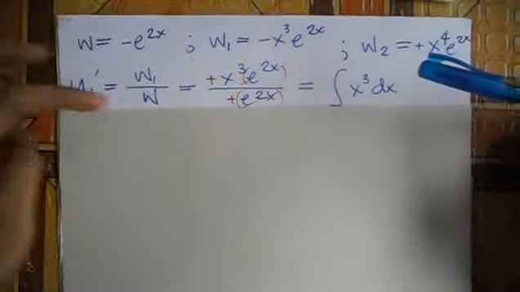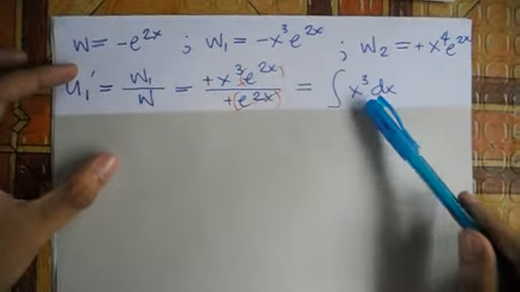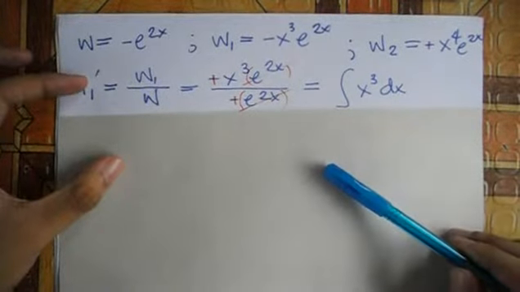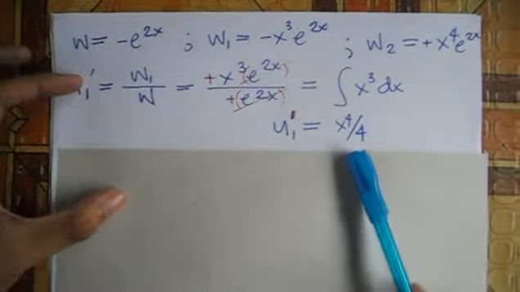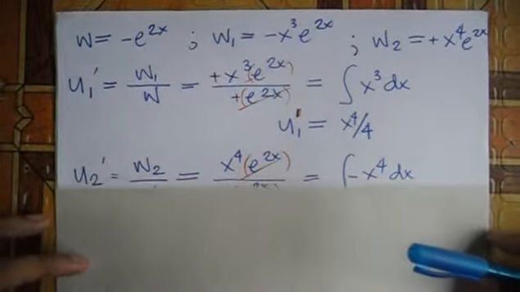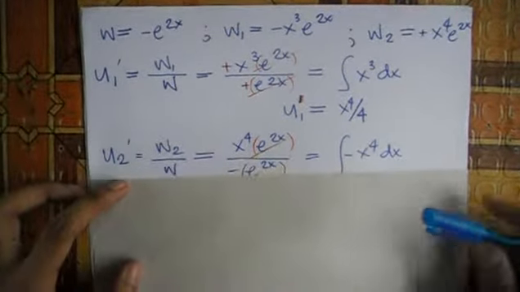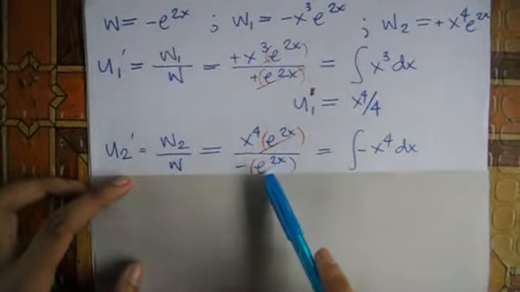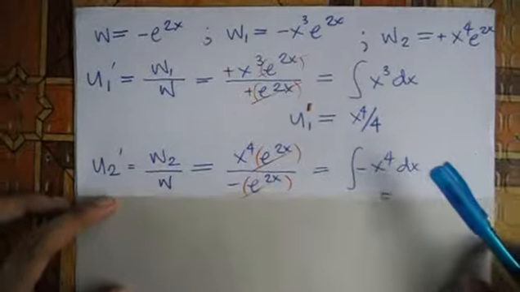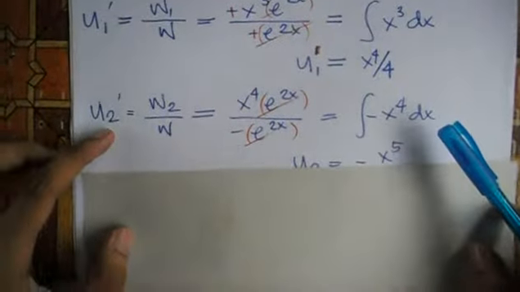Again, we substitute values, and we get x cubed. Taking the integral of this equation, we get the value of u1, which is x to the 4th over 4. Same thing we do with u2 prime. We substitute the values of w2 over w, we get negative x to the 4th, we get the integral, so that we get the value of u2.